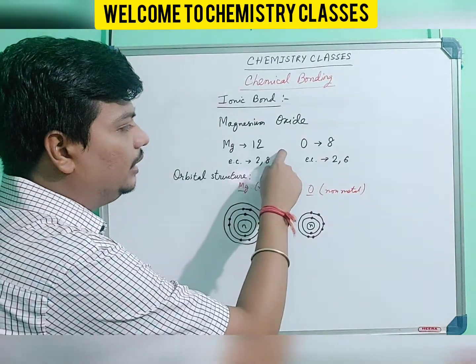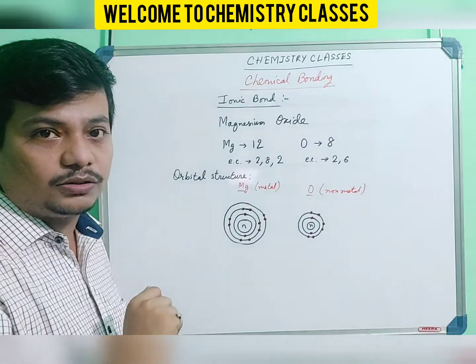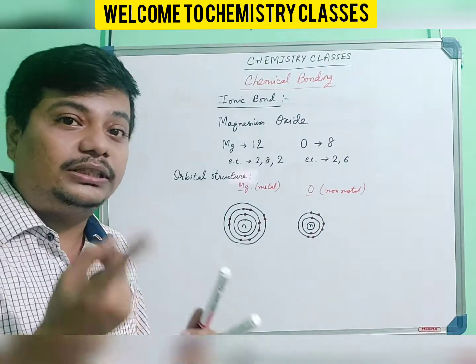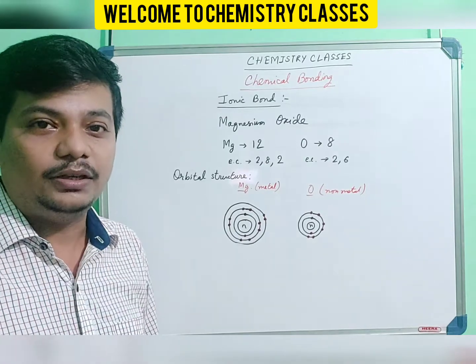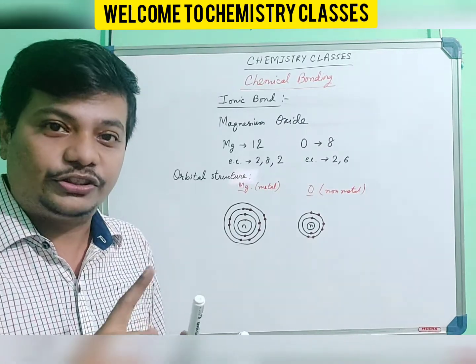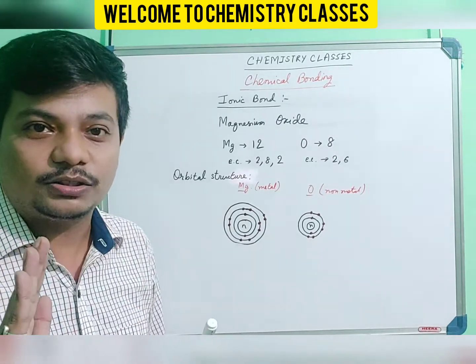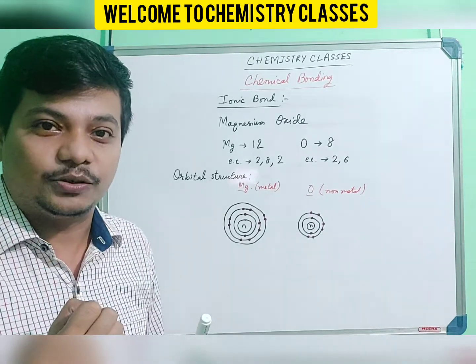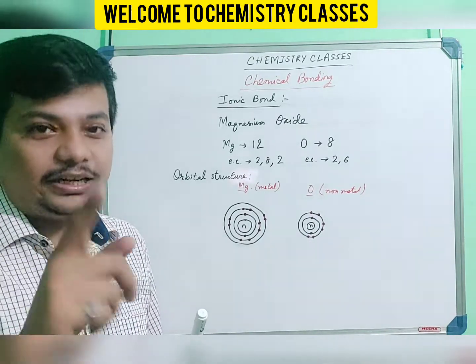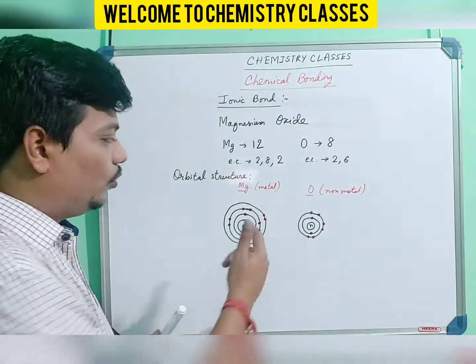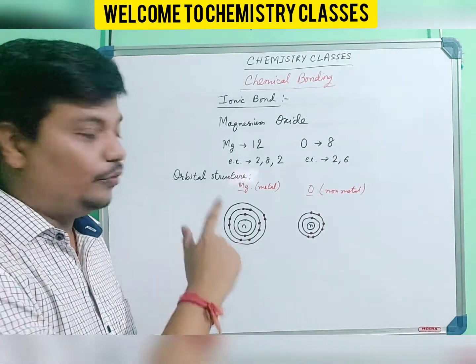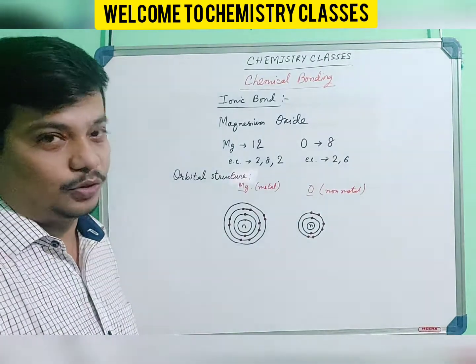Either it can give away these 2 electrons, or it has to take another 6 electrons. Now you tell me which one is easier: shedding 2 electrons or taking up 6 electrons? Obviously shedding 2 electrons. That is the reason why magnesium will be shedding its 2 electrons.